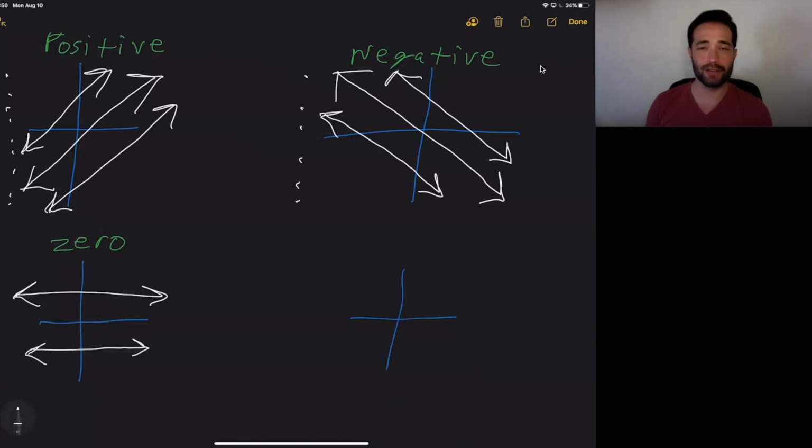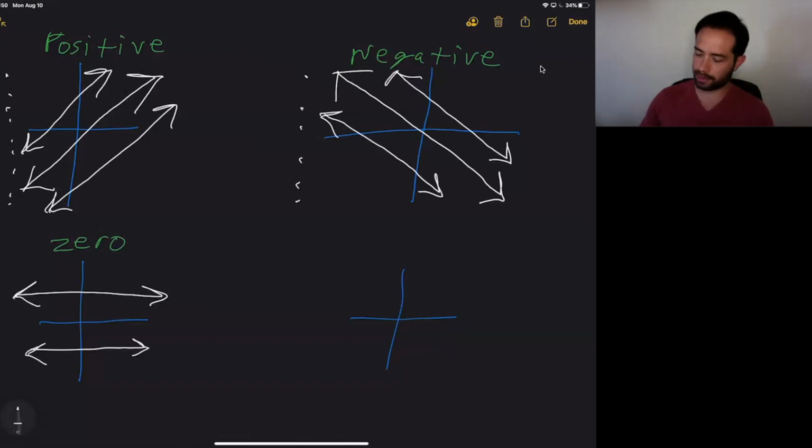So if it was like 5 minus 5 over 2 minus 3, that would be 0 over negative 1, and that would be 0, because 0 divided by negative 1 is 0. So that's how you would get a 0 slope on paper when you're handwriting it. And then visually, this is what it looks like, a zero slope, horizontal.